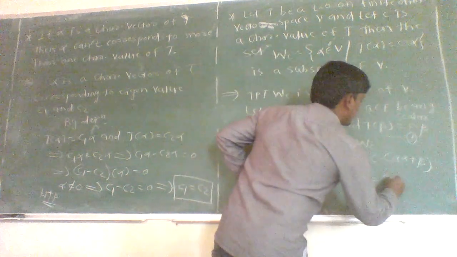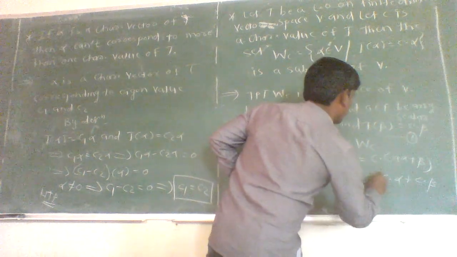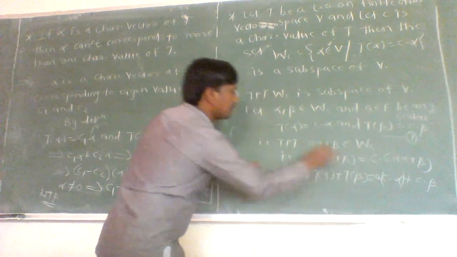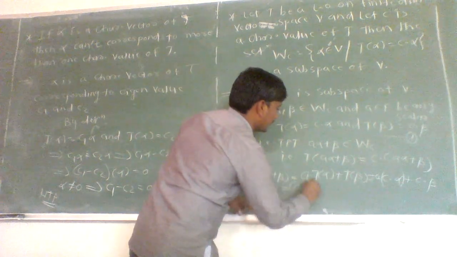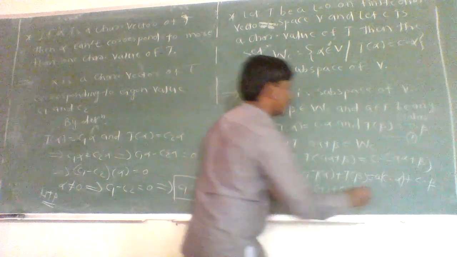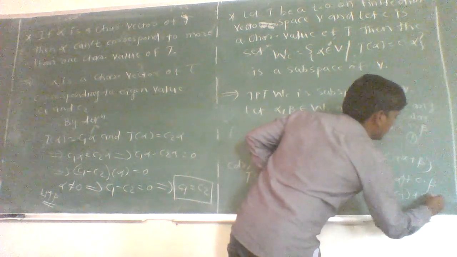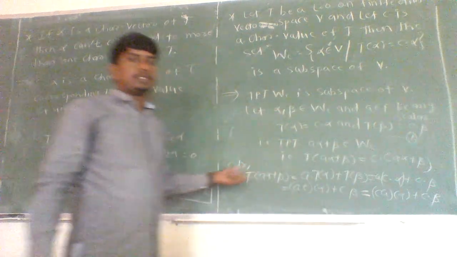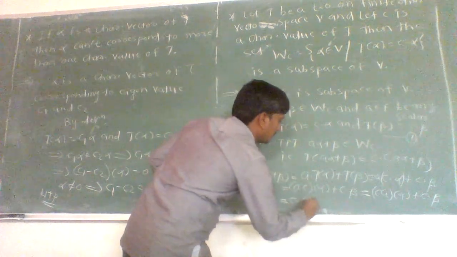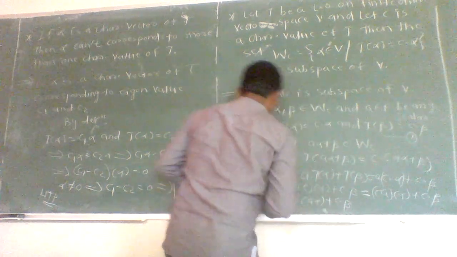So here A into C alpha plus C beta, which is nothing but AC into alpha plus C into beta, which is CA alpha plus C beta, which is nothing but C into A alpha plus C into beta.